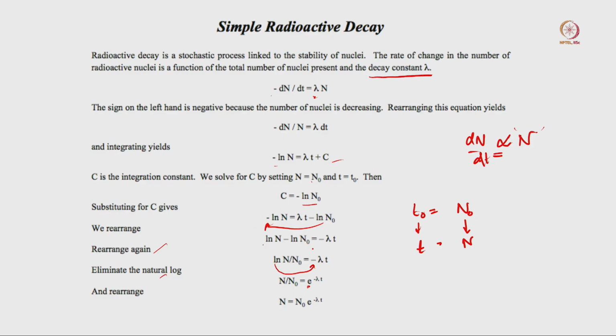So N is equal to N0 times e to the power minus lambda t, a very, very important equation. My number of current parent atoms is equal to my initial parent atoms times e to the power minus lambda t, and this is because it is decaying.